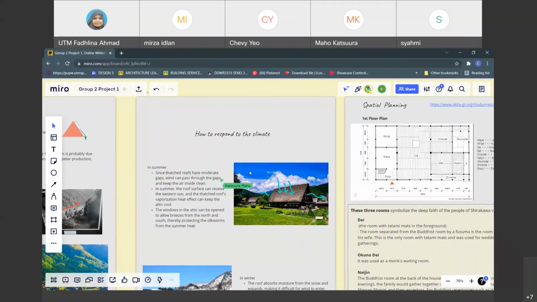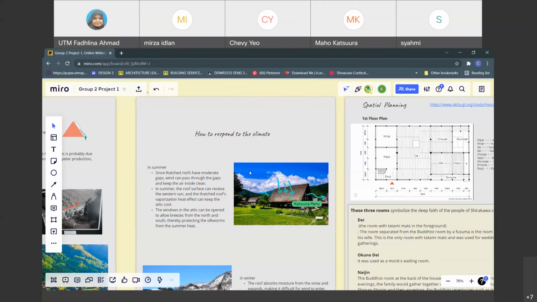Next, please, I will explain how to respond to the climate. In summer, since thatched roofs have moderate gaps, wind can pass through the gaps and keep the air inside clean.